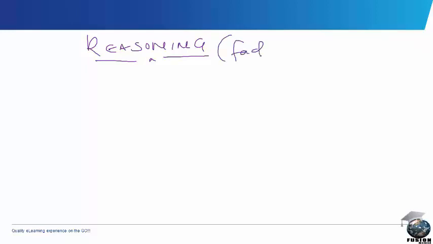Over to the next slide. Now remember, we're still talking about reasoning. Just like we said, it is comprised of facts and ideas, and then we look for relationships between them.